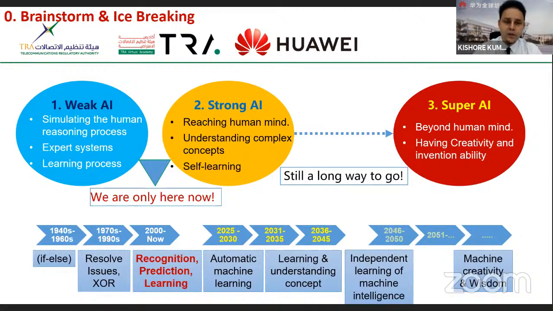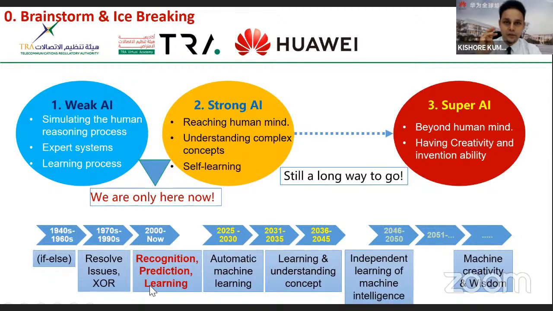So anyway, the takeaway from here is that there are different eras of AI development, and it depends which era we are in and how we call AI. So since we have already accomplished these learning processes, now we can expect a few capabilities from our machines to be called AI. So what are those expectations? We expect our machines to be able to do recognition, prediction, and learning.